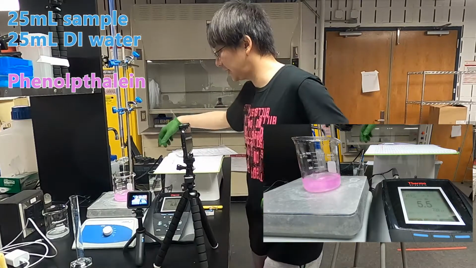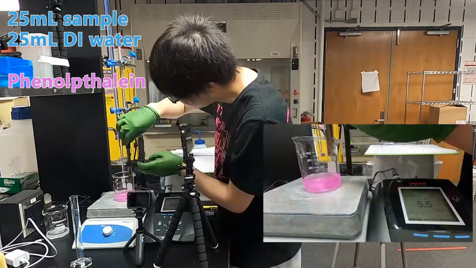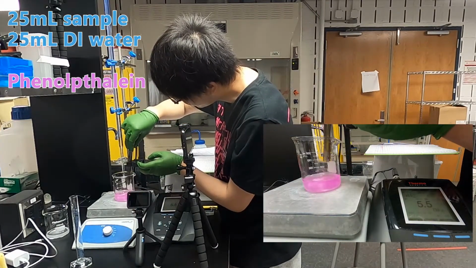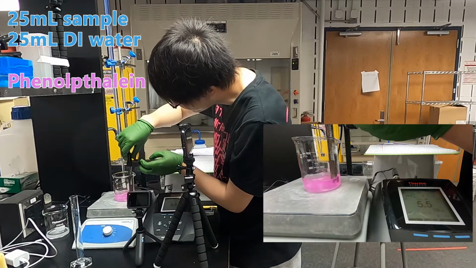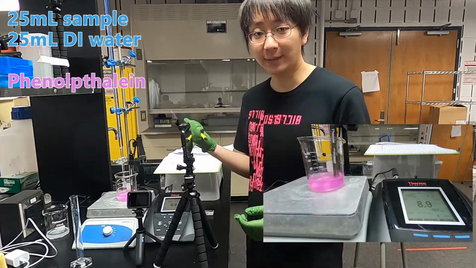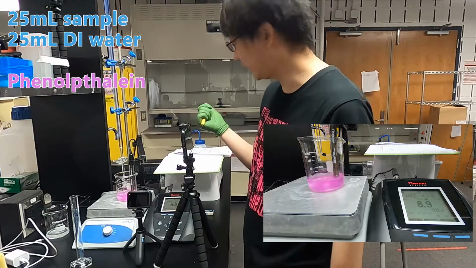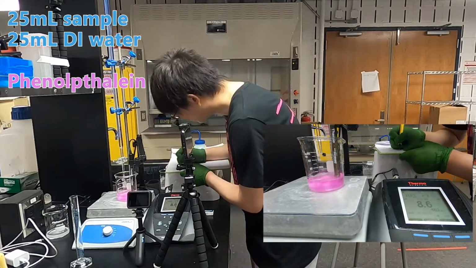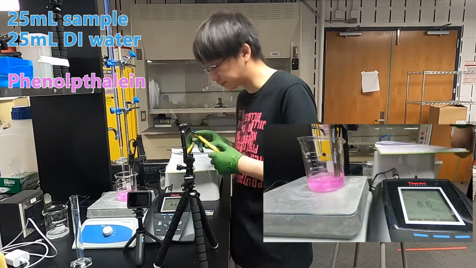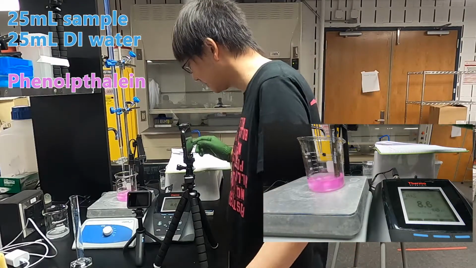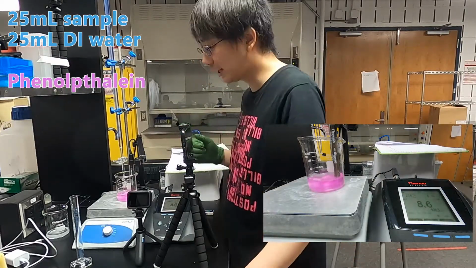Then we measure the pH of the sample. And then when the pH gets stable, we take note of the pH reading. And then we start to titrate with HCl.